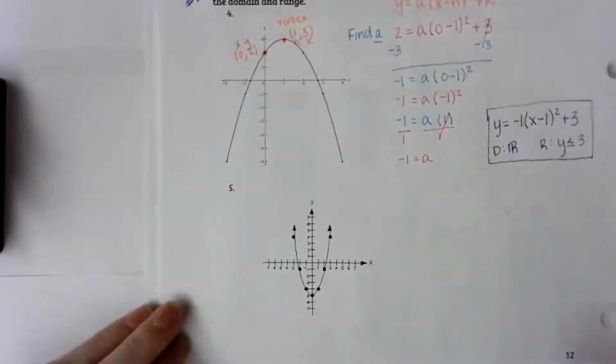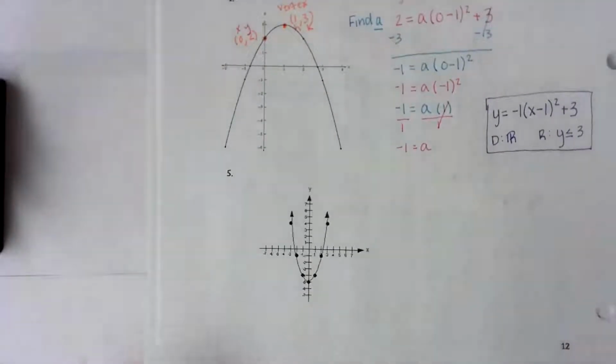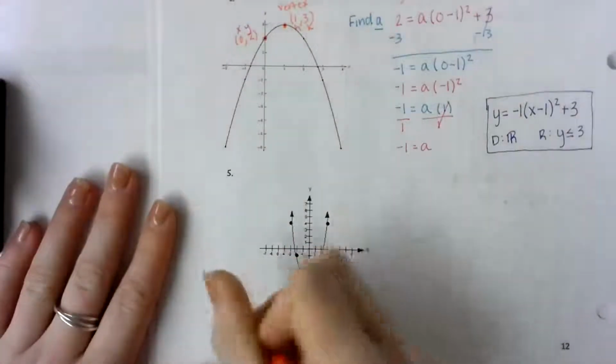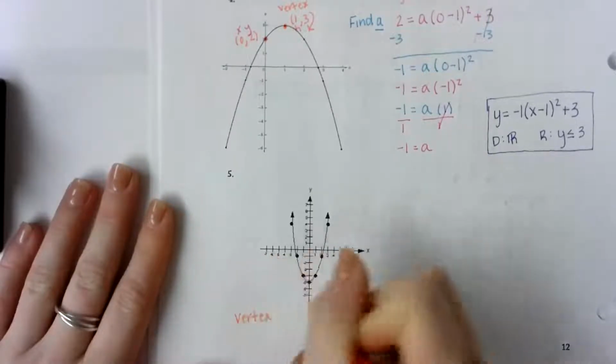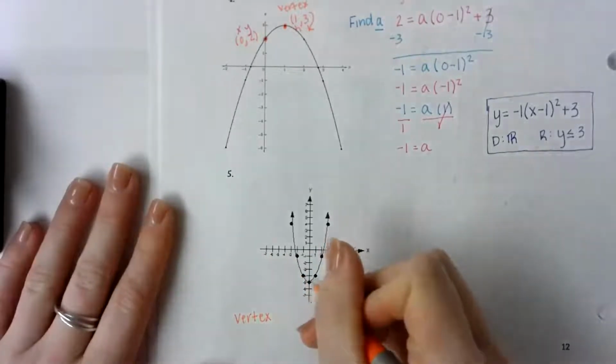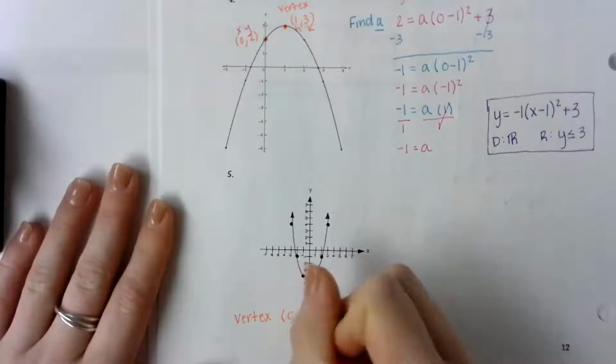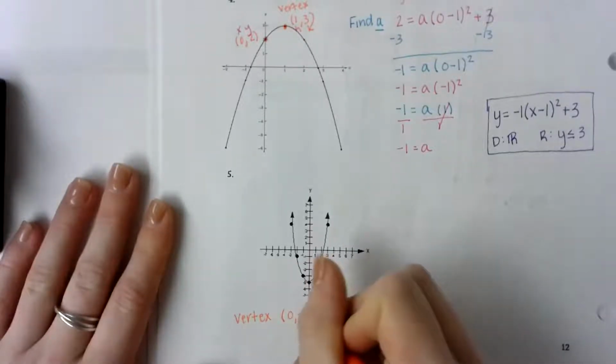Let's try this one. So if I go through and label some points, I've got the vertex, which is at this 0, -5.